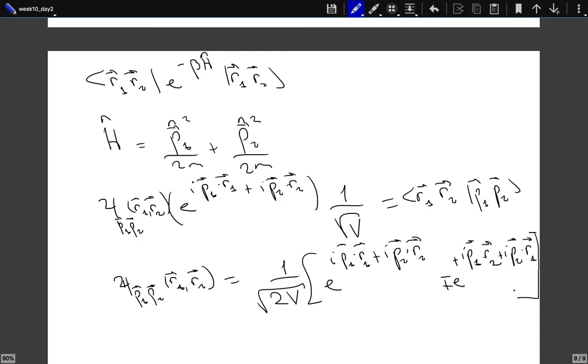You see, if I take the plus sign, it's symmetric under the exchange of R1, R2. If I take the minus sign, it's anti-symmetric under that exchange.